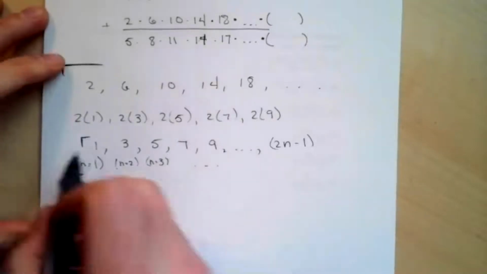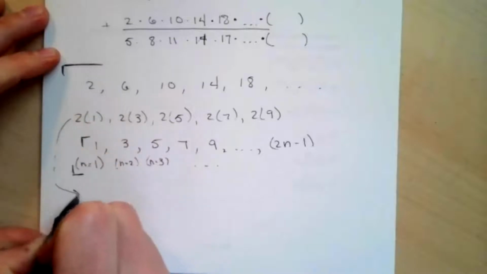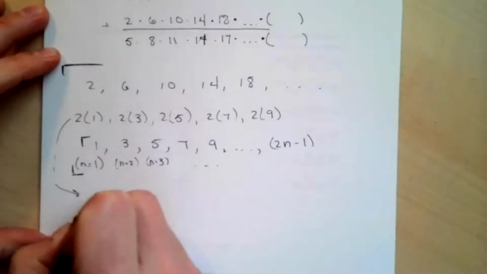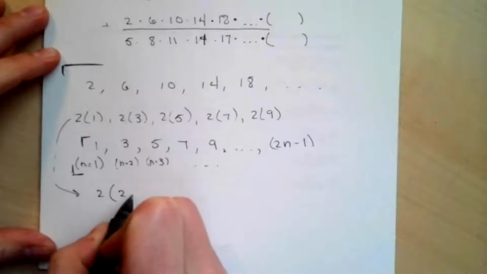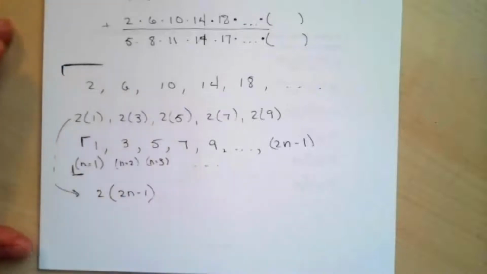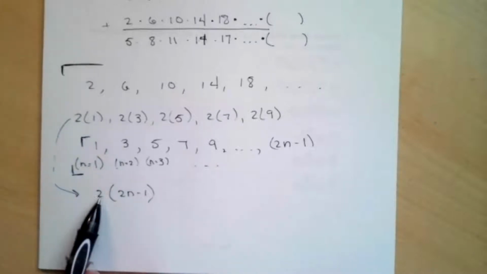So in other words, this sequence here, we could describe as 2 times (2n minus 1). And let's keep it factored. If we wanted to, we could write it as 4n minus 2. But factoring out that 2, sometimes it's helpful, and it often can be with some of these factorial-like growth patterns.